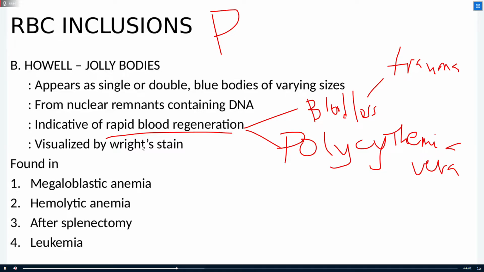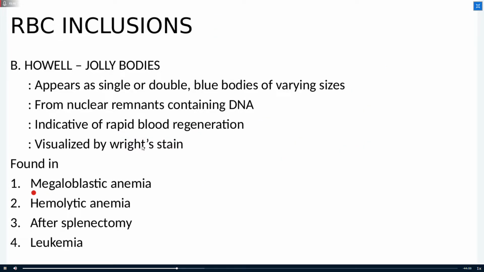Howell-Jolly bodies, class, can be seen in megaloblastic anemia. Let's analyze the word megalo. Megalo meaning what? Large or big.